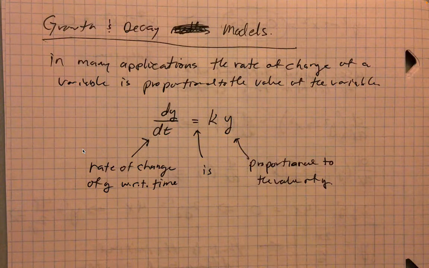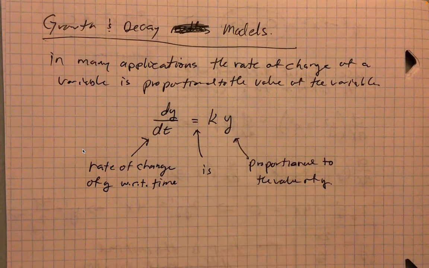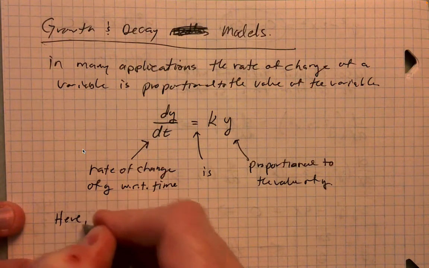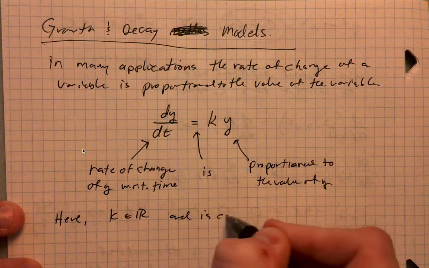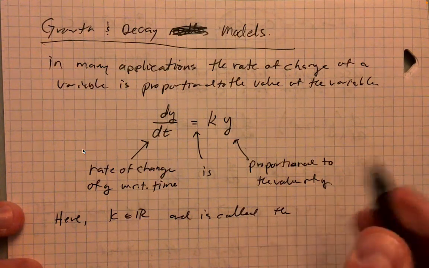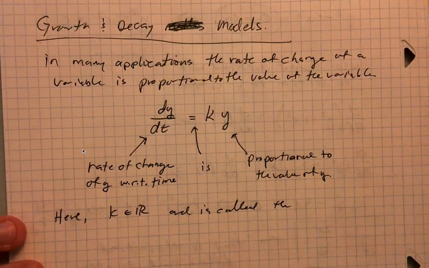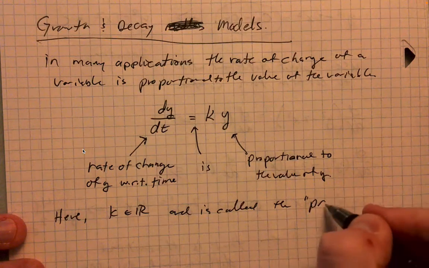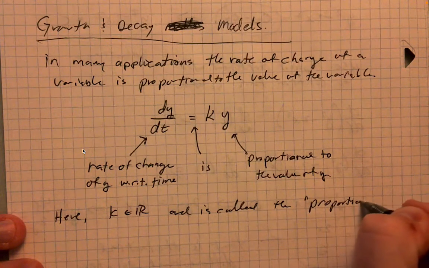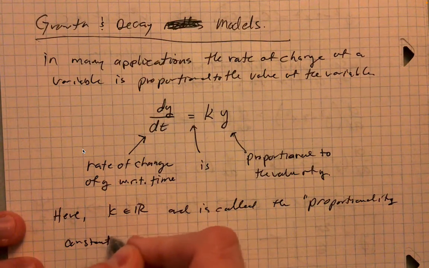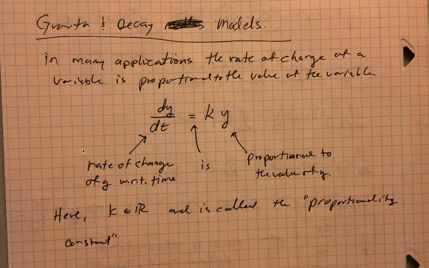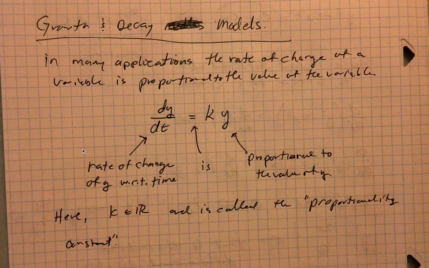And of course, this k is very crucial in establishing models. So here, k is a real number and is called the proportionality constant. That's a way to refer to k, the constant of proportionality.